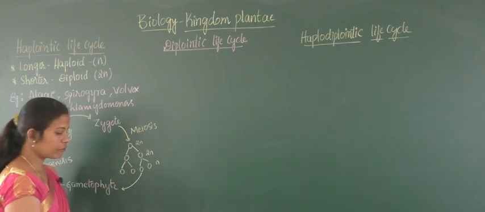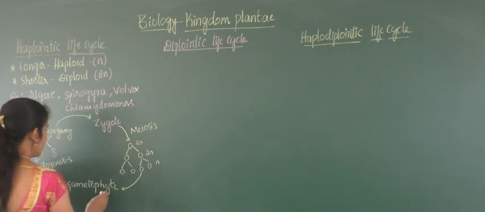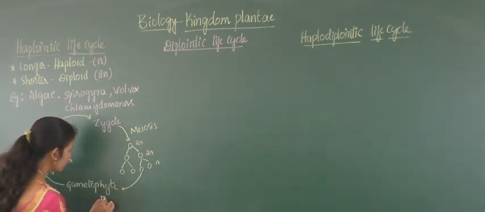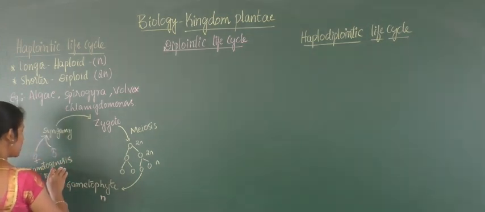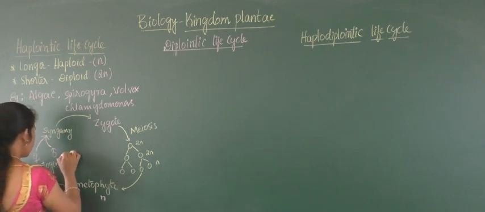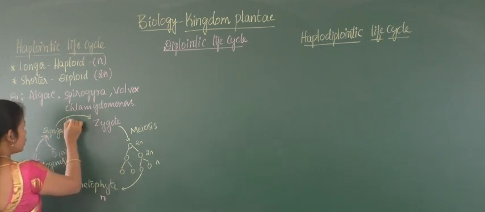So here the gametophyte will be n in condition, and gametogenesis will occur on the separate plant body, so the male and female gametes are n. Due to syngamy or the fusion process, it becomes 2n.